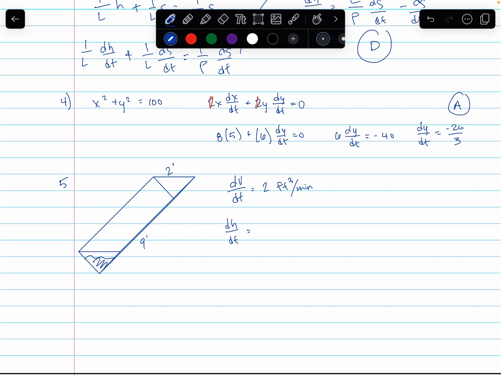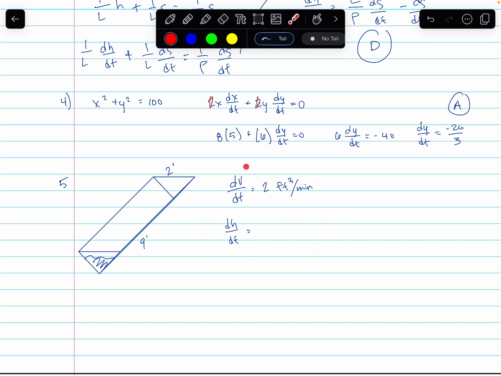This is a tough one. Well, let's think about what we can do here. We're trying to get dH/dt. This is going to guide everything that we're doing.